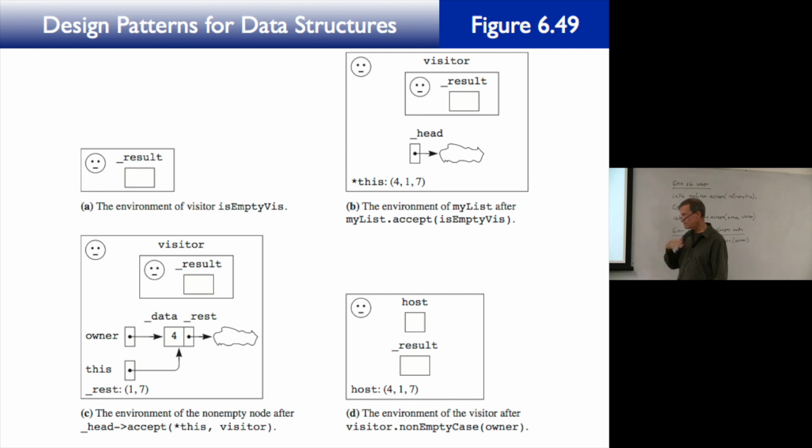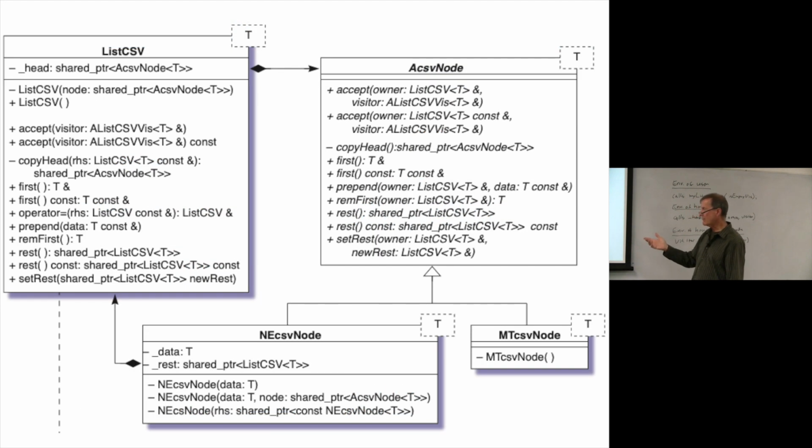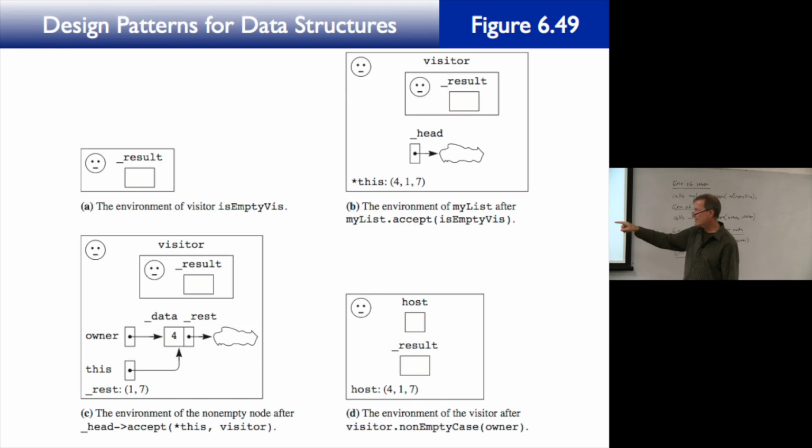So if you need to get the first, the host provides us a first. If you need the rest, the host provides us rest. So you know what first and rest of the host is, as well as what other attributes you have to work with. So this environment here got augmented by host because owner was passed as a parameter.